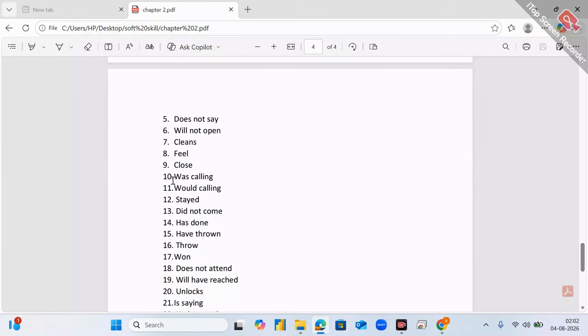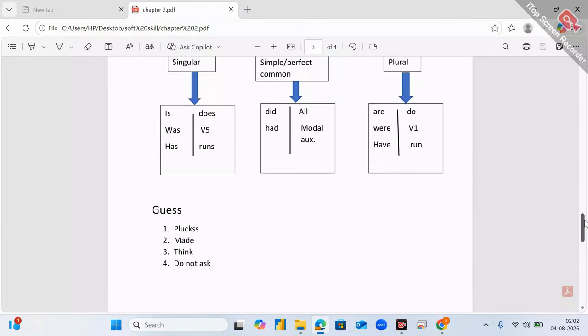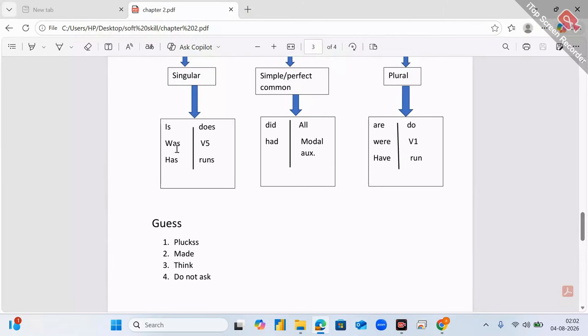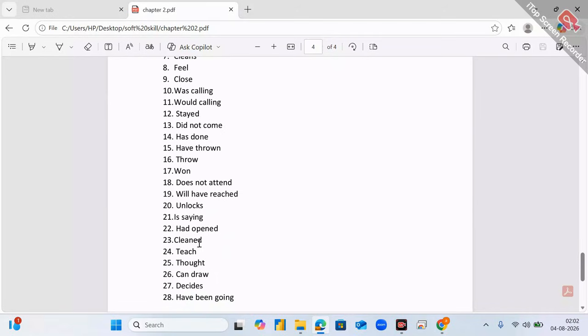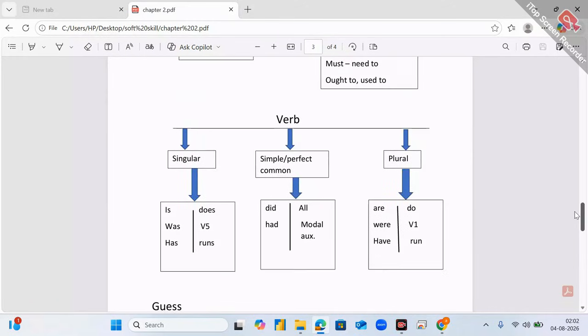Likewise, try to solve things like was calling. Was is singular or plural? If you are not able to understand, just scroll up and try to see where the helping verbs are. Was is here, so was is singular. Next, is saying. Where is this is? Just scroll up and check, is here, singular.